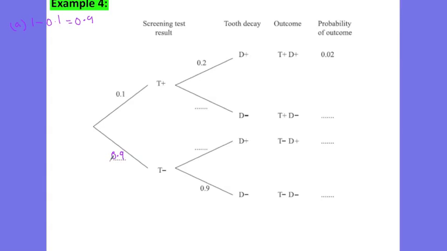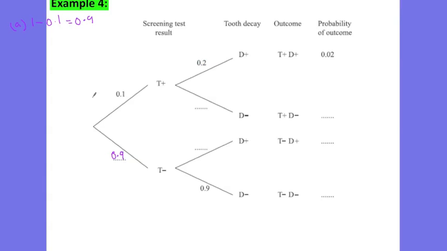We're then provided with further information to help us complete this part of the tree diagram. The probability that a person who gave a positive result to the screening test goes on to get tooth decay within the 18 months of the screening test was found to be 0.2 here.